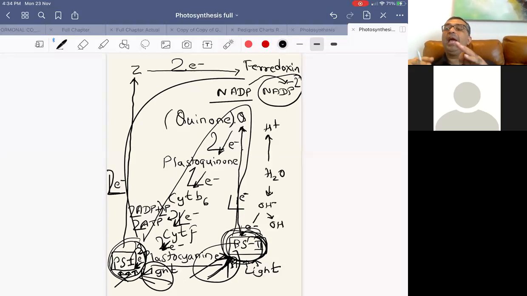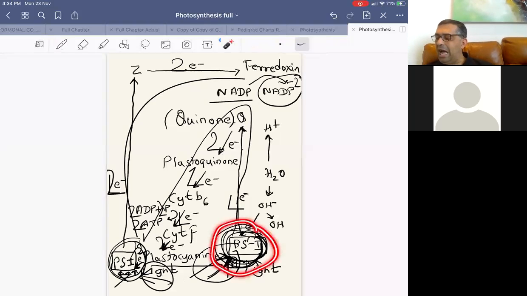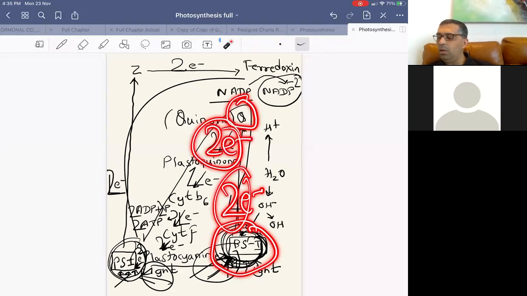4 photons में 2 non-cyclic process हुए और 2 non-cyclic process में ध्यान से देखना यहाँ पर, I'll just show you, PS2 has now lost 2 electrons. And 2 electron went to quinone, which has given 2 electron.